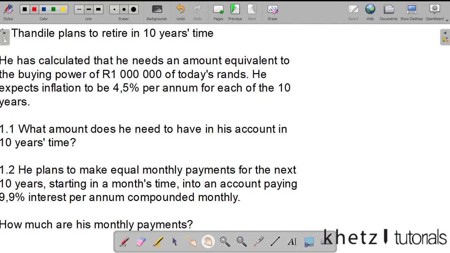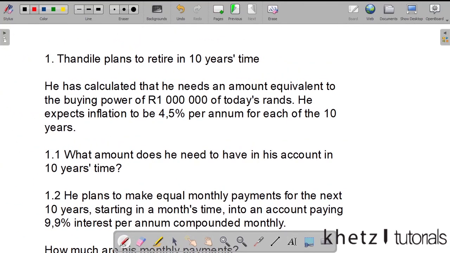So here's what you have to note here. The statement says the buying power of R1,000,000. So if you recall, over the years, certain things actually appreciate, or they actually increase in value. So you can't expect the price of bread to be the same in 10 years' time, because there is inflation, right?